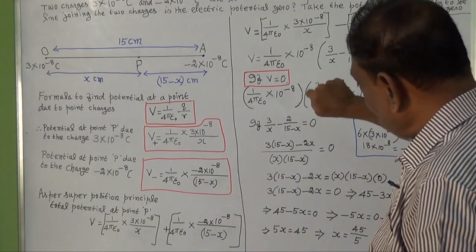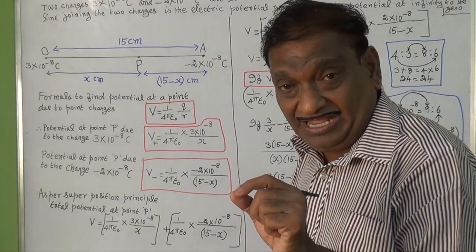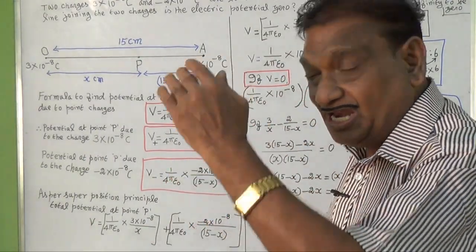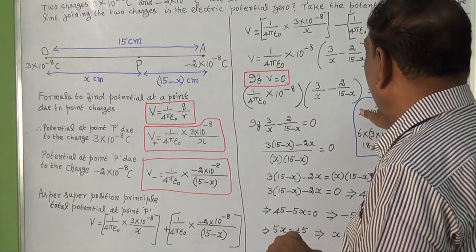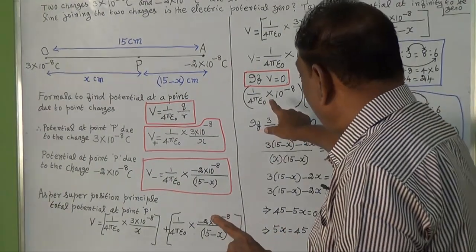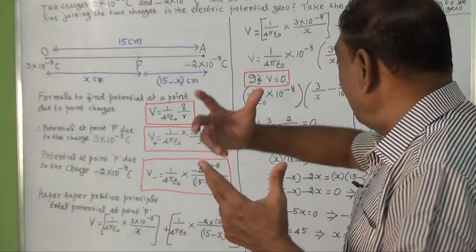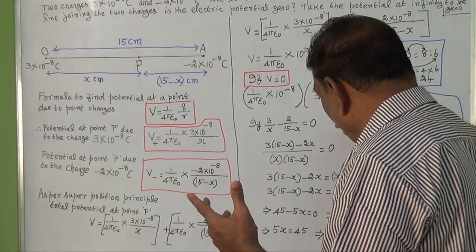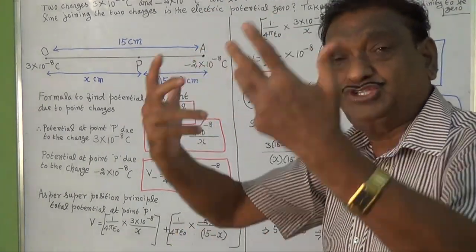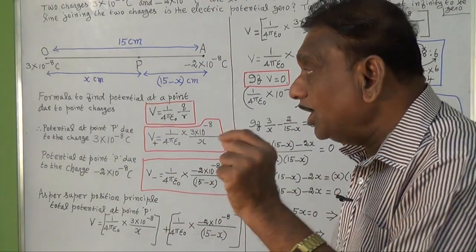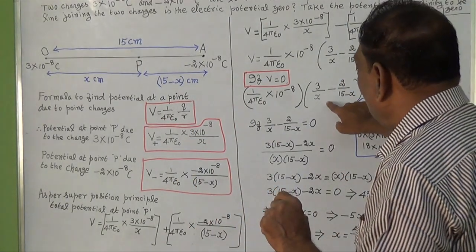On seeing this equation, we can understand that there are two factors in the left side and there is only one factor in the right side. The first factor may be 0, or the second factor may be 0, or both factors may also be 0. So now we are going to consider the second factor as 0.